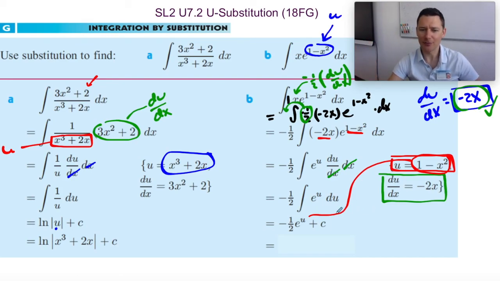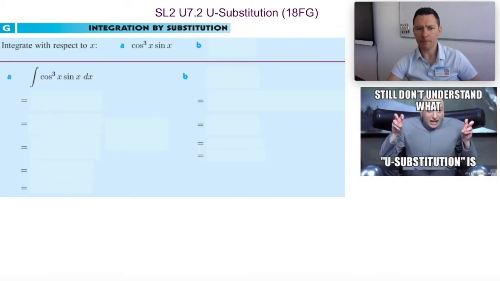Substitute. We use plug in all the time. It's substitute. And you should get that. Bing, done. All right, here we go. If you still don't understand what u substitution is, let's try 2 more.